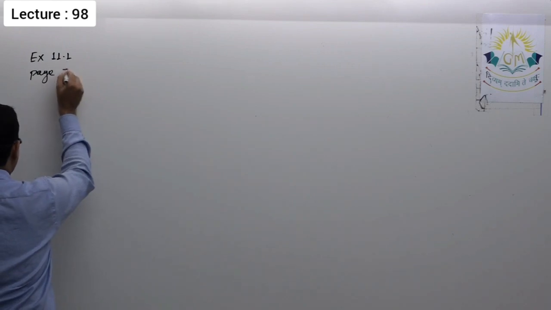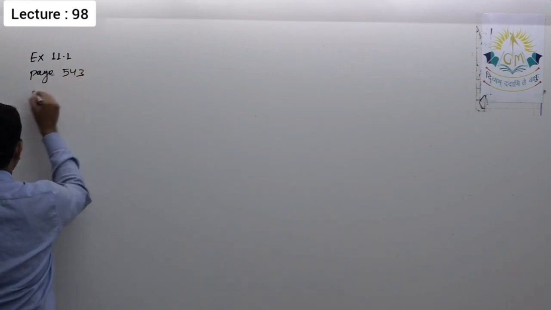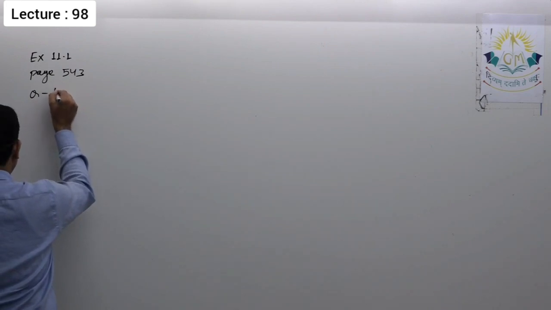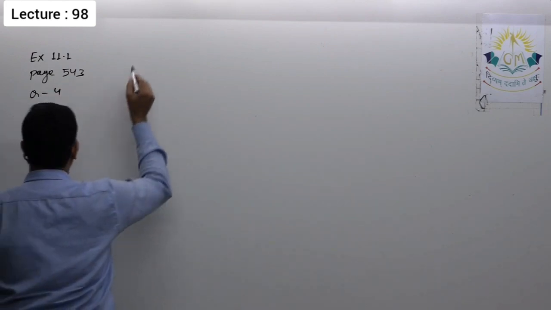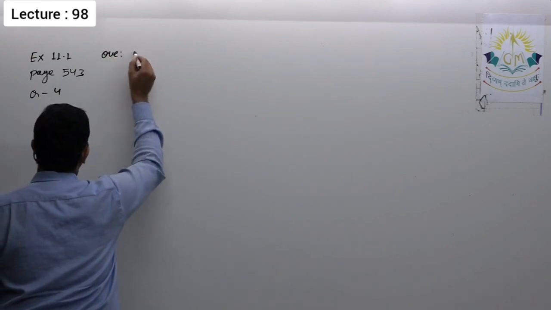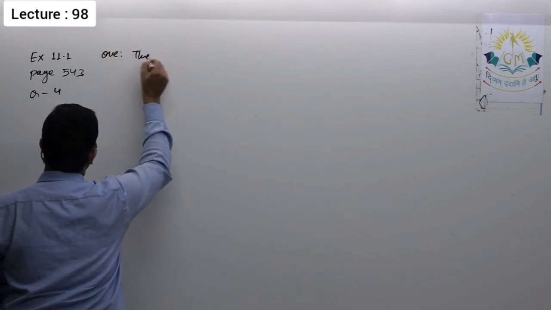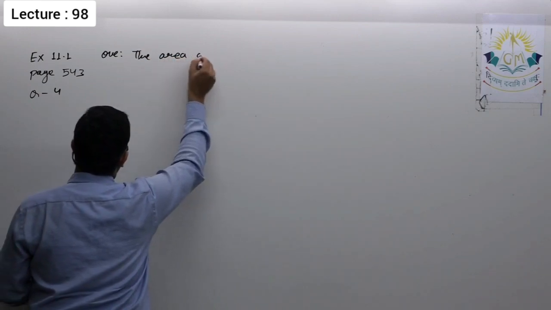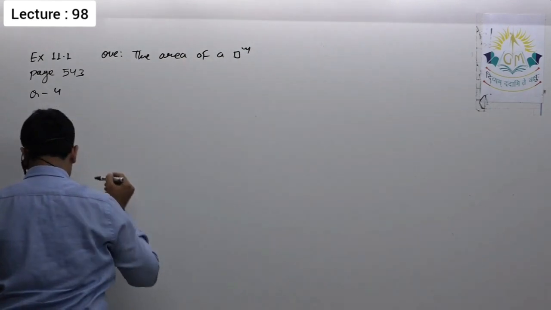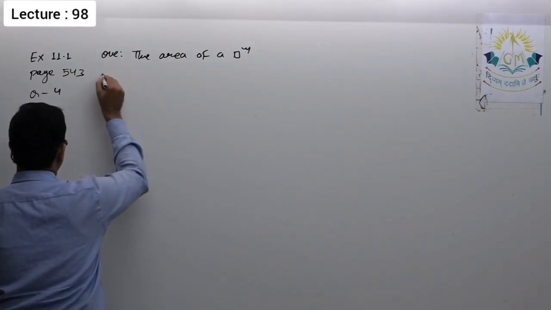Page number 543, question number 4. The area of a parallelogram is 192 centimeter square.